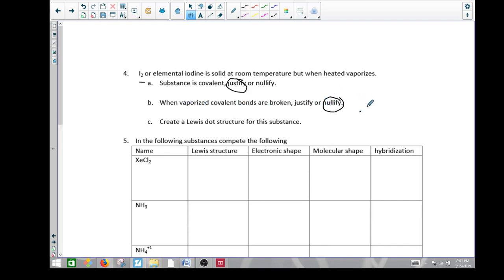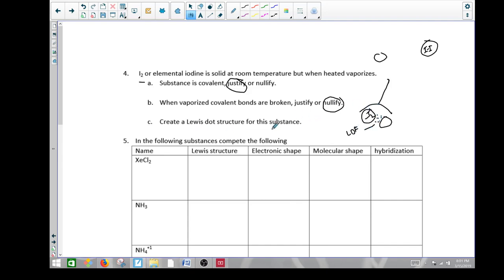We would have solid iodine, and when you vaporize it into vapor, the vapor also would be iodine molecules. So when you vaporize it, you're not breaking the covalent bond. You're breaking the intermolecular attractions between these guys. And that particular attraction, even though it doesn't say it here, you should be aware, is simply London dispersion forces. And it doesn't take much to break those, so the heat of vaporization is not that much.